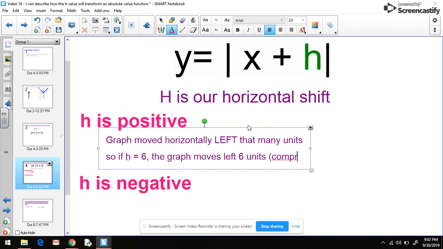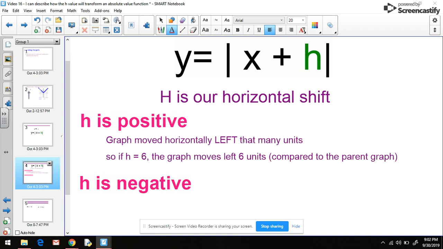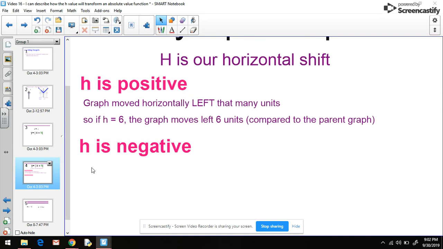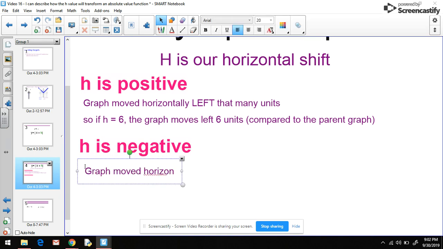And think about it when it's compared to the parent graph. So that's when h is positive. It moves the opposite of what we expected. It moves to the left in the negative x direction that many units. Then if h is negative, we know the graph is moved horizontally.